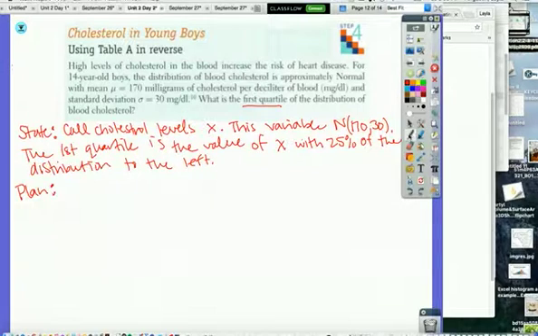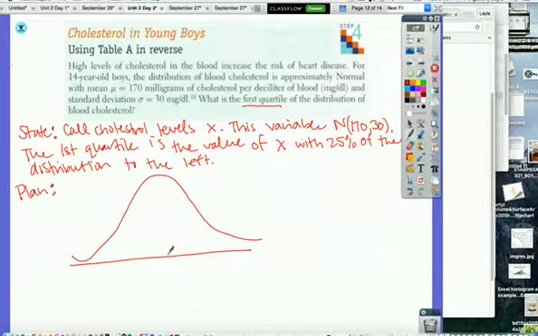The next step is to plan. For the plan, you are going to draw a normal curve with an area of 25%. The reason we're doing 25% is because we're talking about the first quartile. So 25% would be something close to this. What we would do is go to our table and find where we have 0.25.